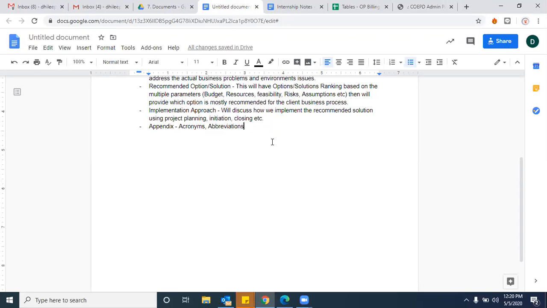So acronyms and abbreviations along with supporting documents. Supporting documents in the sense of references, exactly. Supporting documents means on what basis we prepared these document elements.